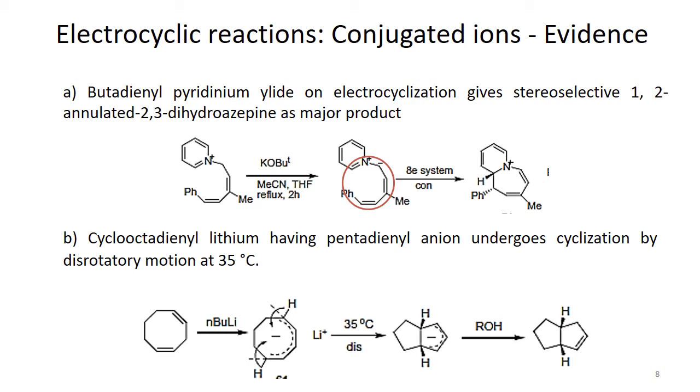Once this ylide is formed, if you notice the encircled part, there are a total of 8 electrons here: 2 electrons of the benzene ring, 2 electrons of the anionic system and 2 carbon-carbon double bonds. The total is an 8 electron system, because this is again a 4n pi electronic system.